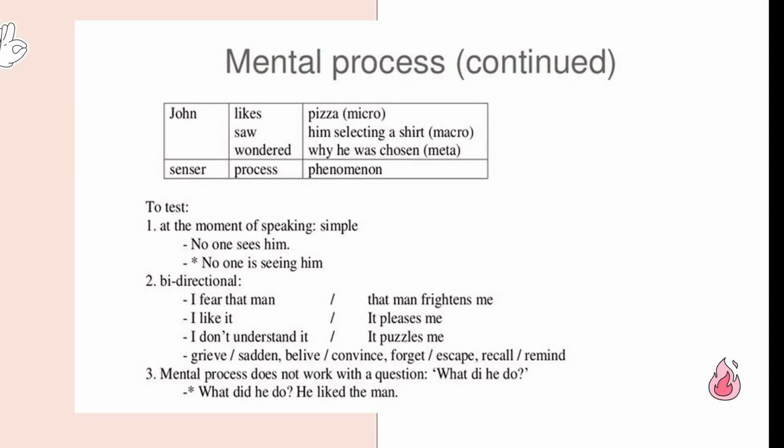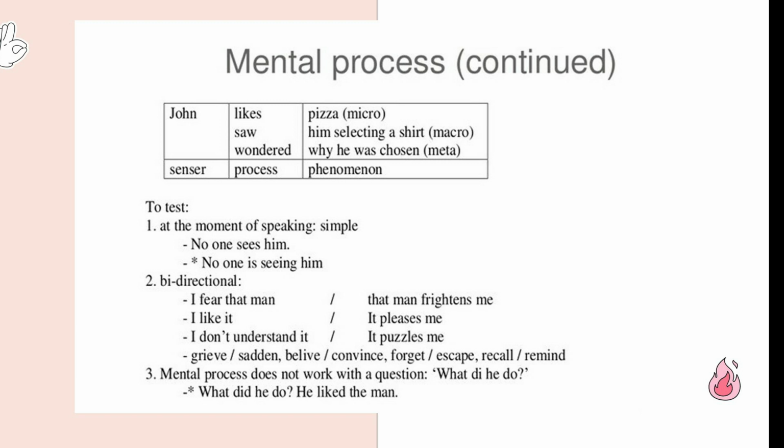Okay, so there are some examples of mental process. The first one is John likes pizza. Pizza here is the micro phenomenon. So John is the sensor, likes is the process, and pizza is the micro phenomenon. And then John saw him selecting a shirt.